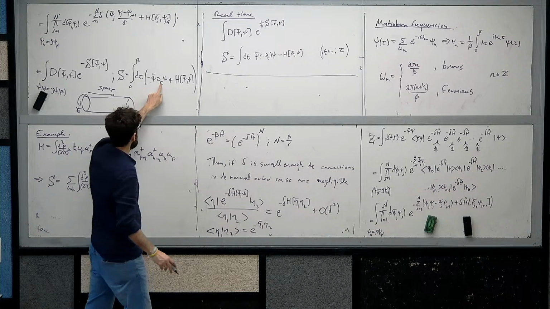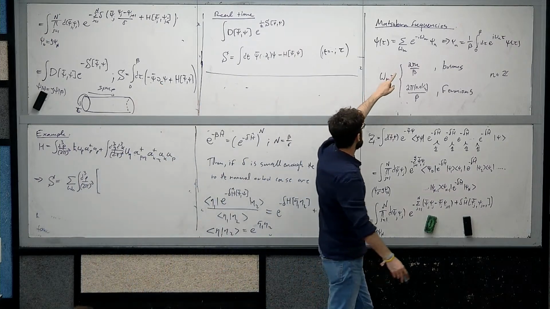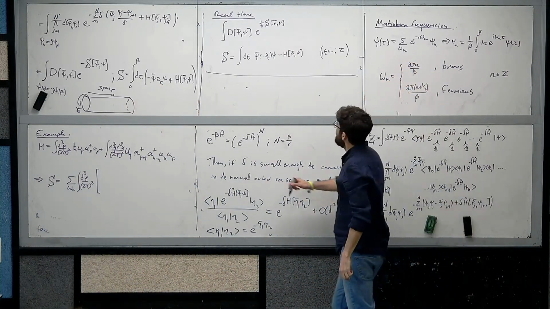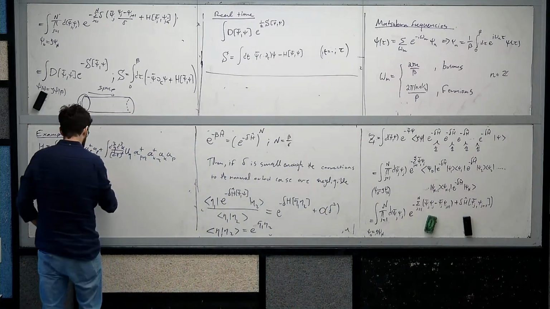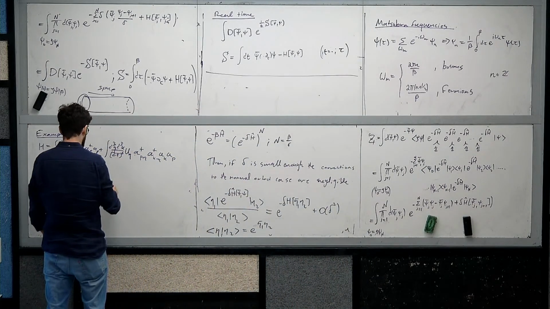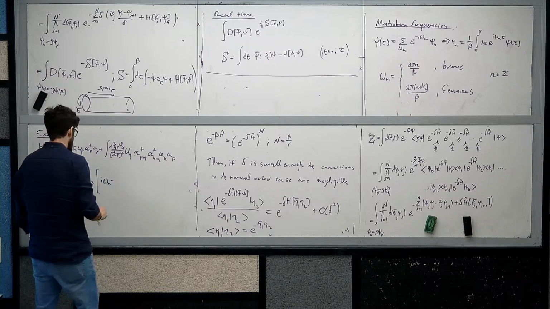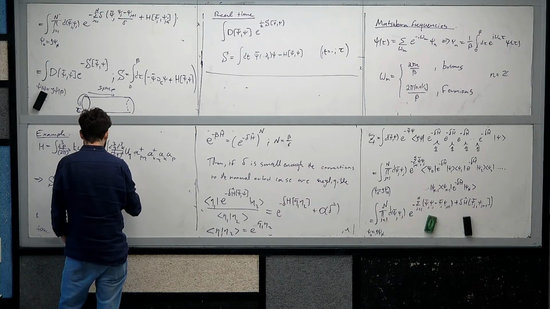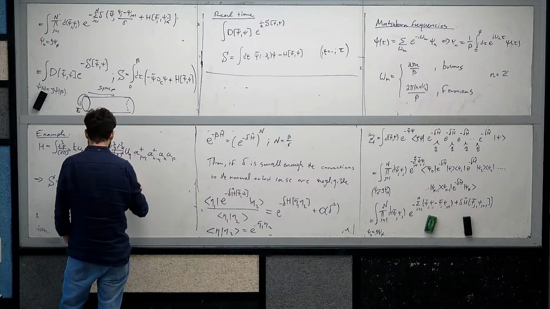You see I have d tau on psi, that gives me minus I omega. With the minus here I get I omega n. And then I have plus h bar omega p, phi star n of p, phi n of p.